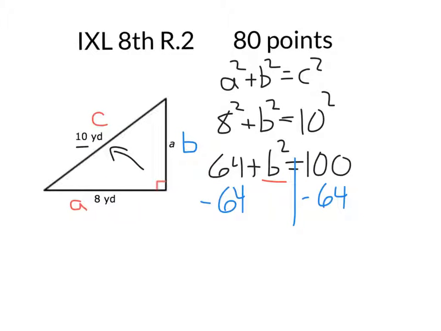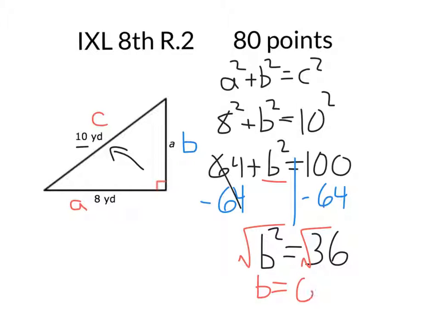These 64s are going to cancel out, leaving b squared equals 100 minus 64, which is going to be 36. From there, we can take the square root of both sides, and that'll give us b equals 6. And that is our answer right there.